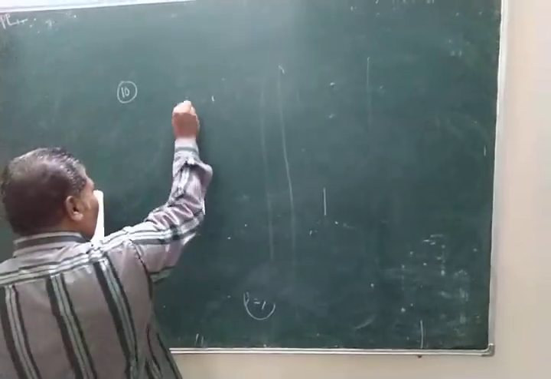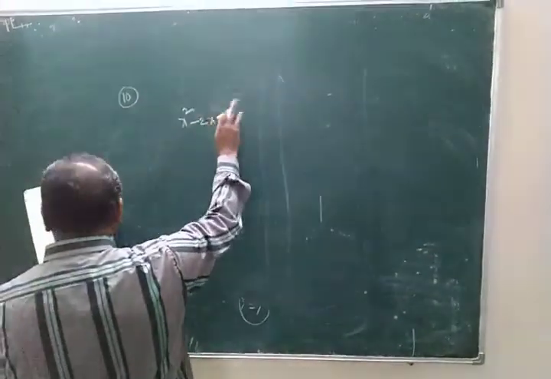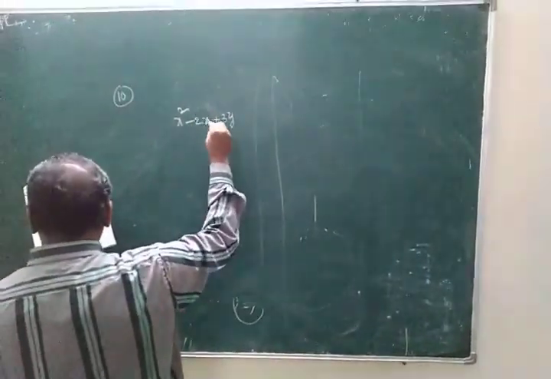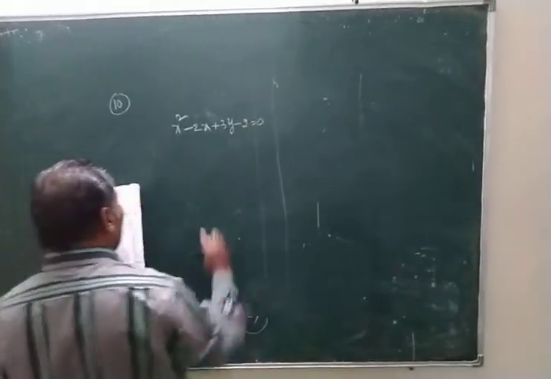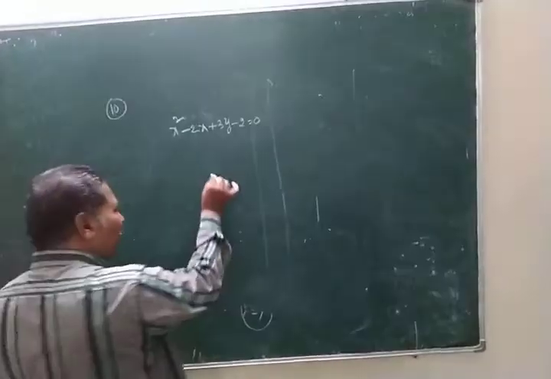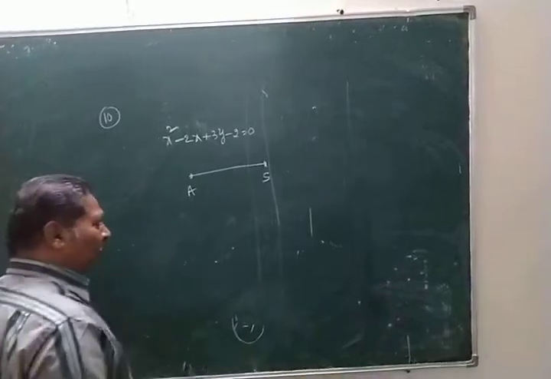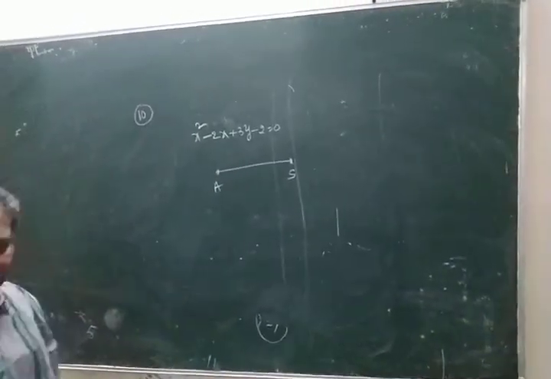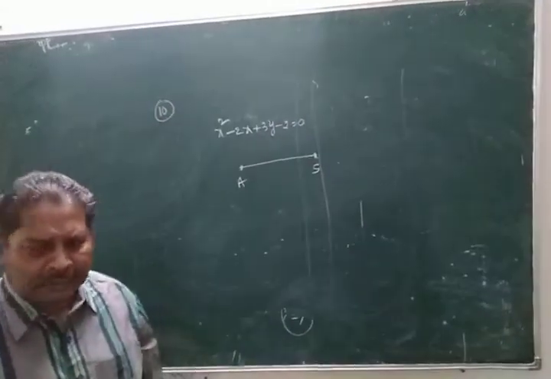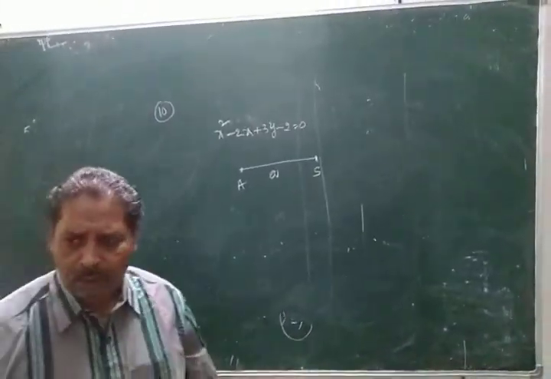Given parabola x square minus 2x plus 3y minus 2 equal to 0. Distance between vertex and focus. So what is the distance between A and S? That is small a. He wants the small a value.